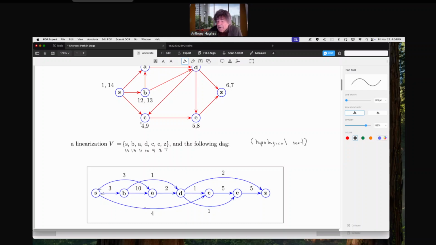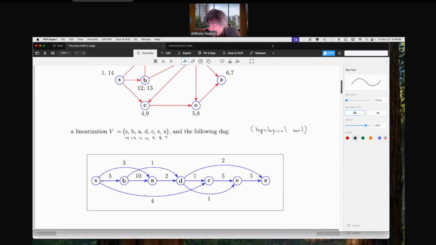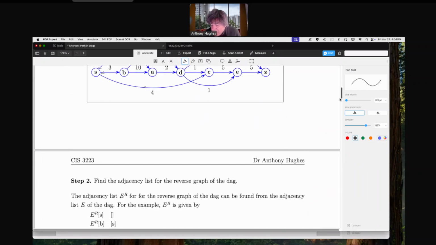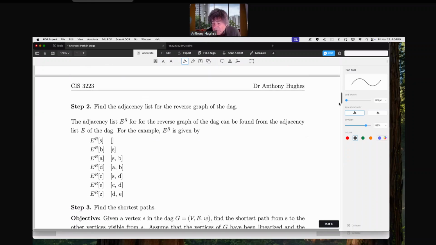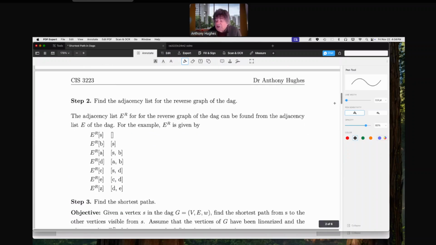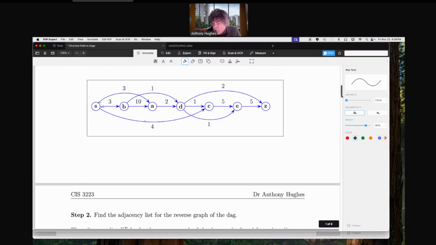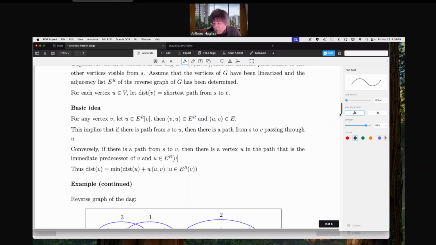Now we're ready to find the shortest path, and we do it dynamically. We first of all create the adjacency matrix for the reverse graph, exactly the same as we've done before. So this is the reverse graph. It's just drawing the graph the other way around.